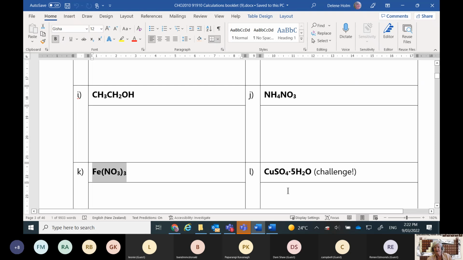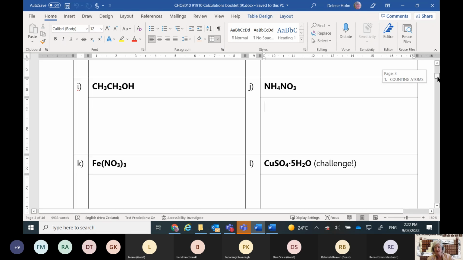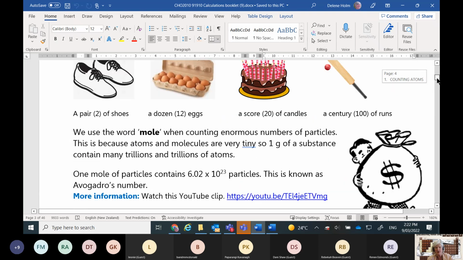And I'll leave this one for you as a challenge to do when you get round to doing this booklet, because everybody that's going to be continuing on with chemistry has to do at least the first 2 stages in this booklet. Right, so that's going well, because that might look easy, but it's the most important thing. If you can't do this, you're not going to do well.